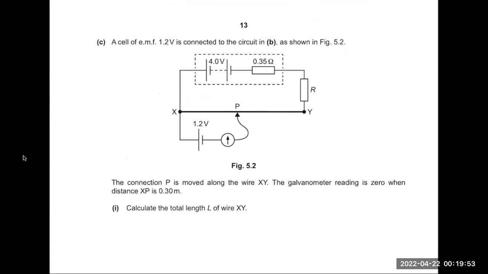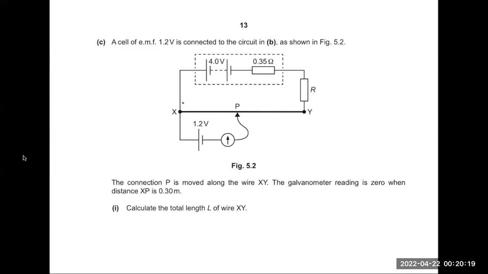C part 1 says, a cell of EMF 1.2 volts is connected to the circuit in B as shown in figure 5.2. The connection P is moved along the wire XY. The galvanometer reading is 0 when the distance XP is 0.3 meters. Calculate the total length L of wire XY.